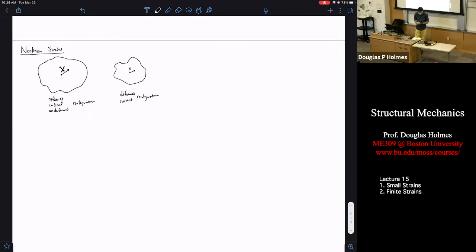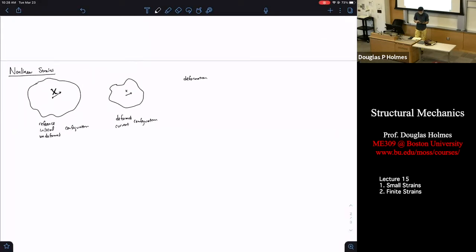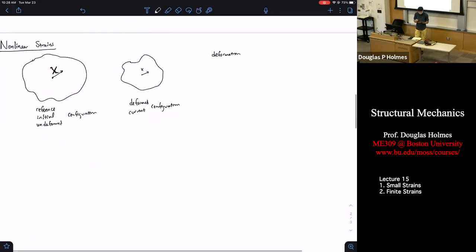And the deformation gradient, which is also a tensor, is given by F_ij, which is equal to little x_i comma j.